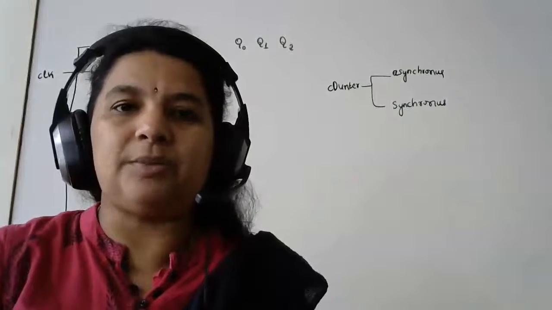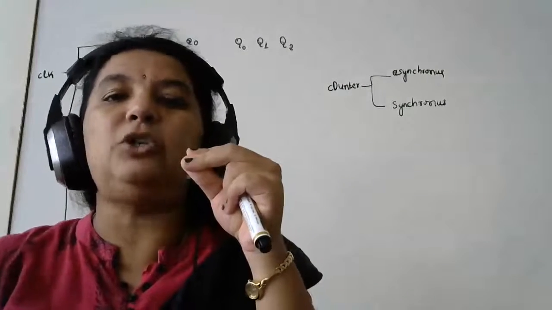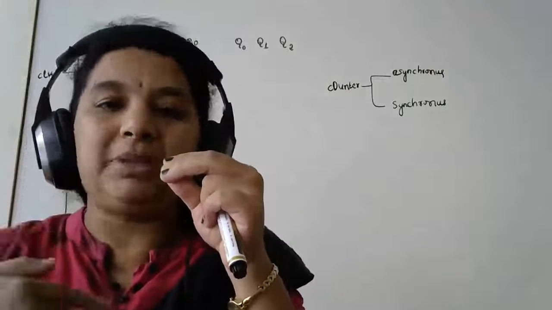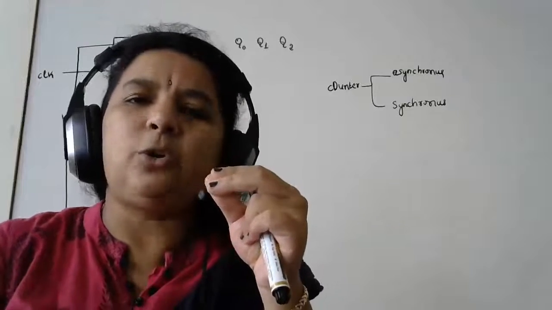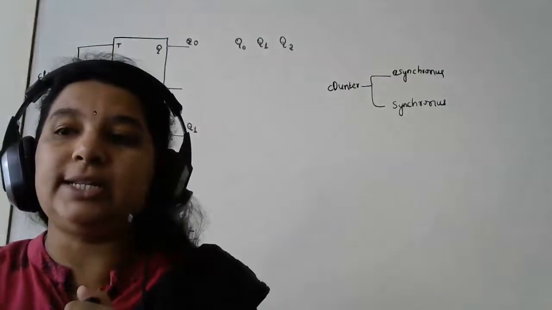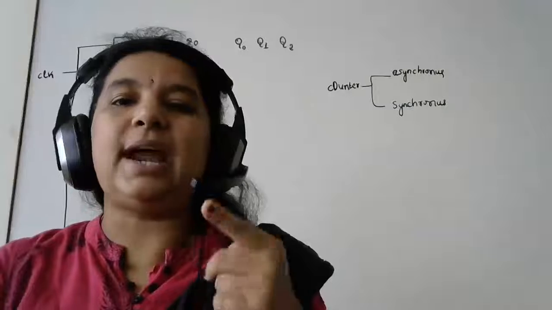What do you mean by that? It's not only the input that makes my output change. Along with the input, it's also waiting for something else to happen. What is that something else? It is some control signals. Then I call it a synchronous signal. That is the main difference between asynchronous and synchronous.